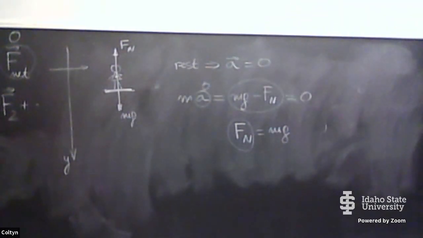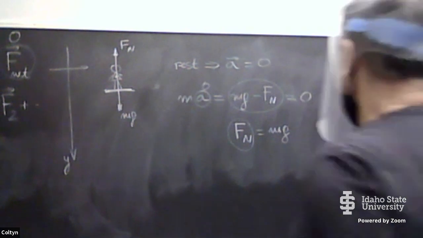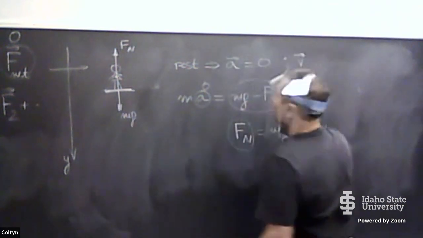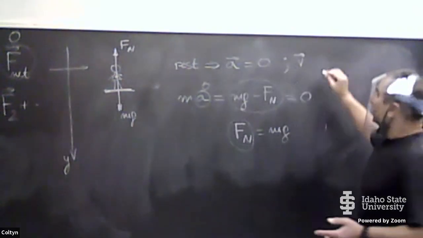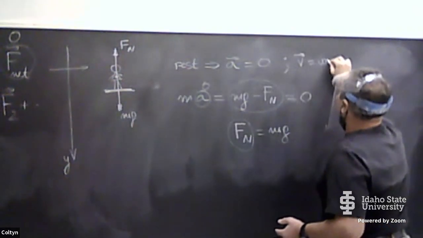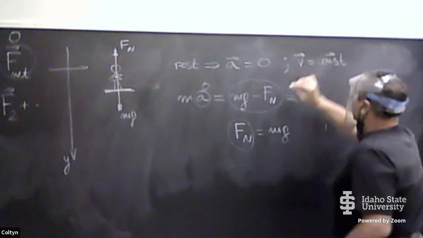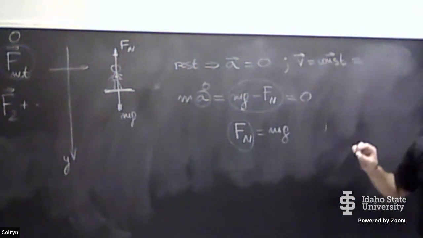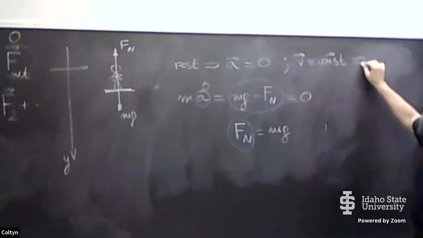How would this change if the elevator is moving with constant velocity? So now constant velocity of the elevator, together with your body, of course. V is constant. What would be the acceleration of your body in the elevator?